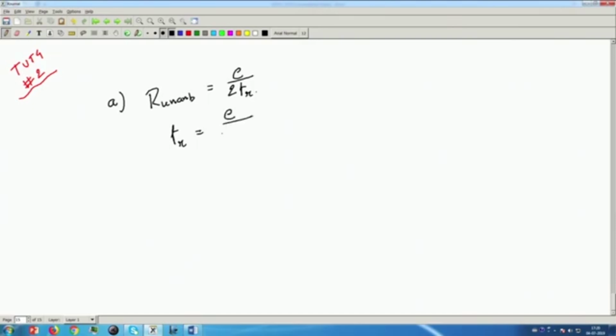FR is C by 2 R unambiguous, and that is 3 into 10 to the power 8 by 2 into 300 into 10 to the power 3, as has been said. So that turns out to be 500 hertz, which is the PRF.